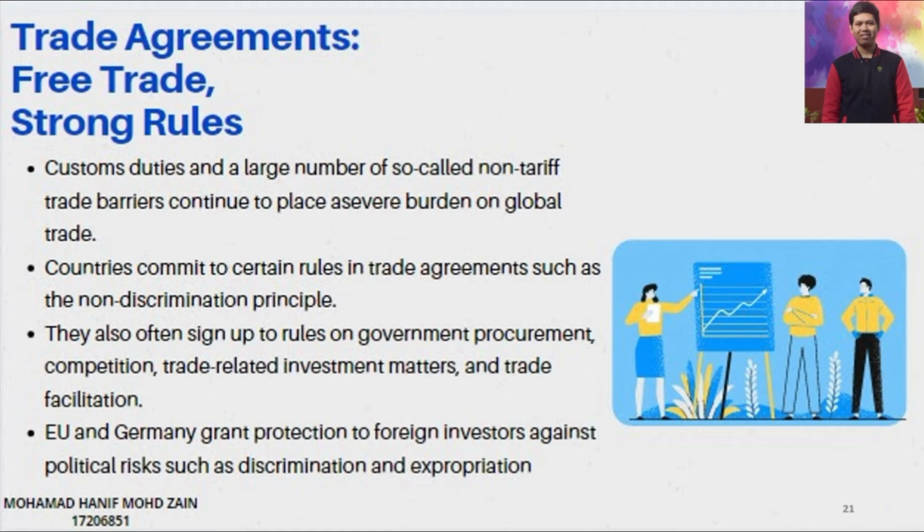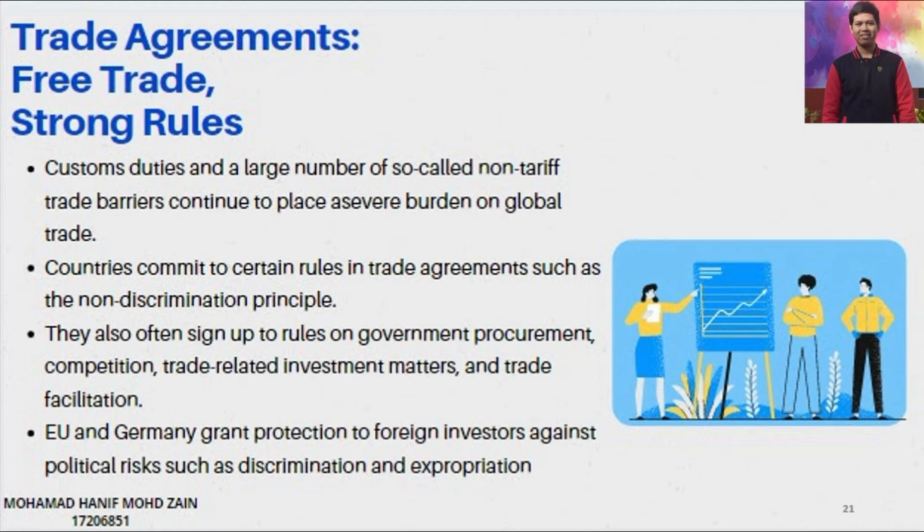However, free trade does not mean that trade takes place without rules. Quite the opposite, it means that countries commit to certain rules in a trade agreement, such as the non-discrimination principle. They also often sign up to rules on government procurement, competition, trade-related investment matters, and trade facilitation. Modern trade agreements also feature strong sustainability chapters on labor and environmental standards.